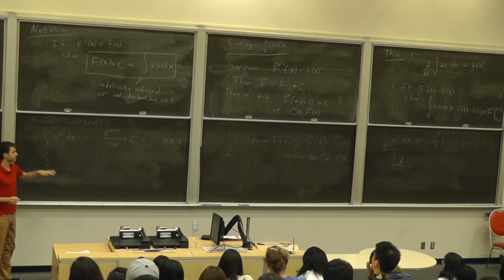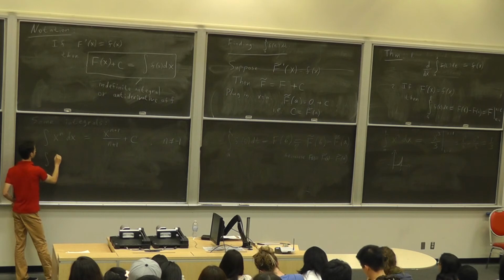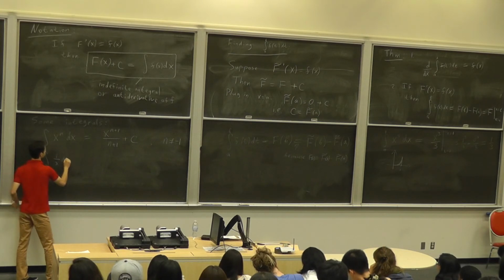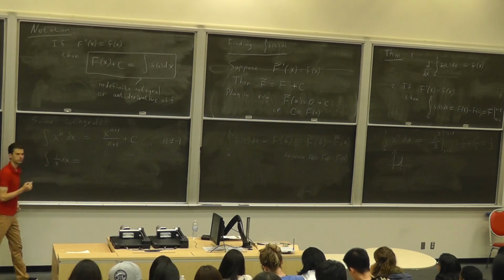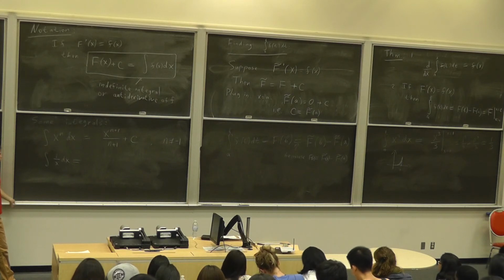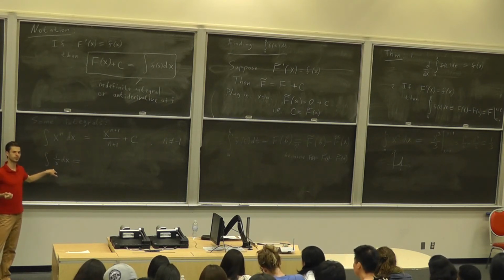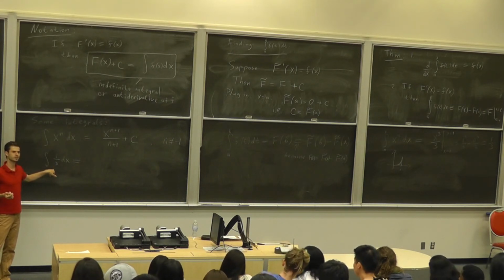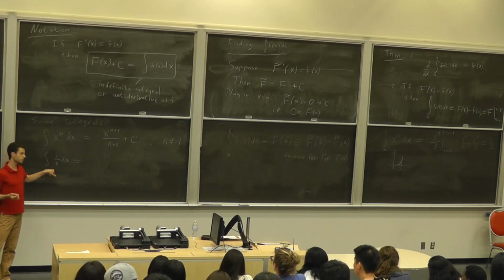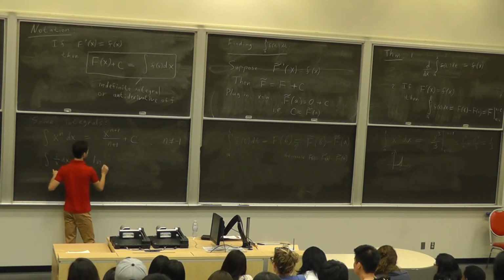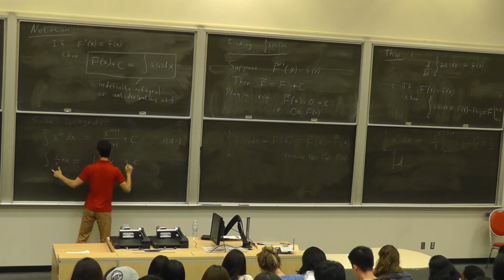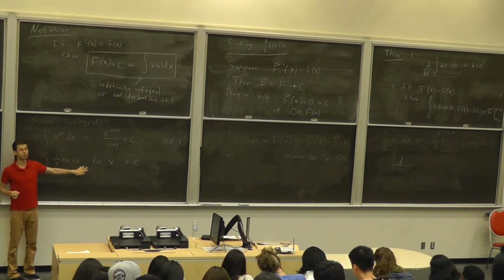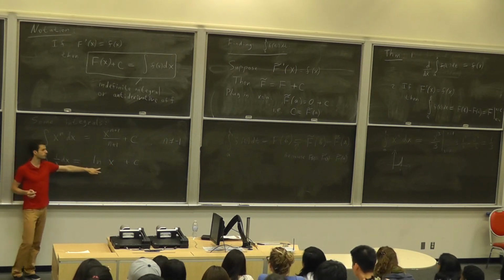And then what happens when n is minus 1? x to the power n becomes 1 over x. And what function has derivative 1 over x? Logarithm, yes. So it's log of x plus a constant. There is a small problem with this function logarithm.